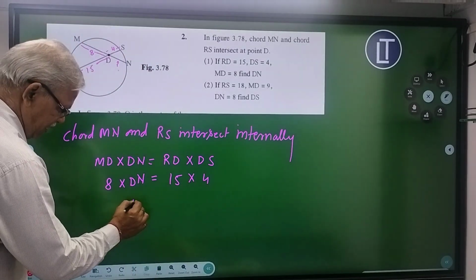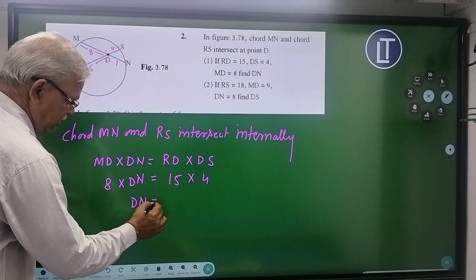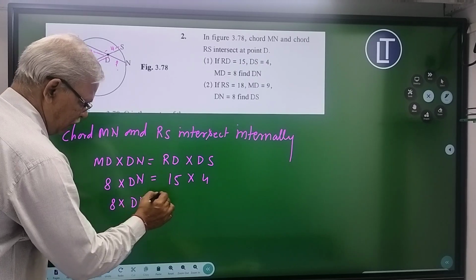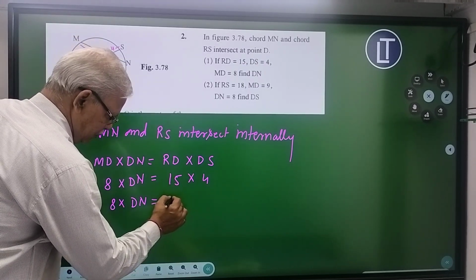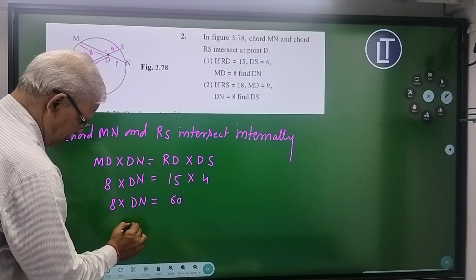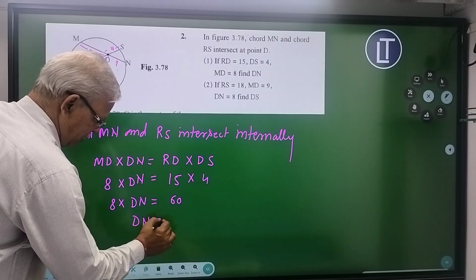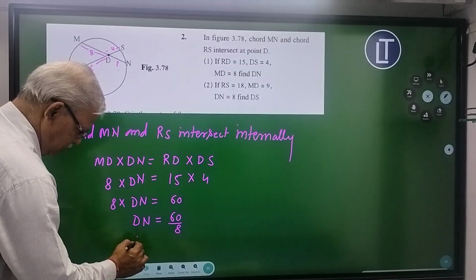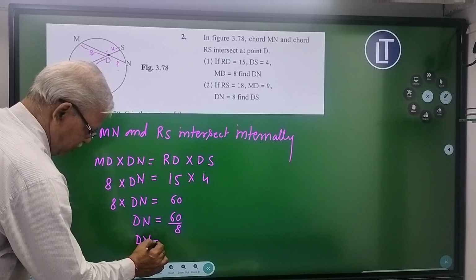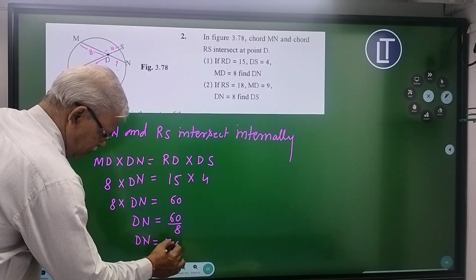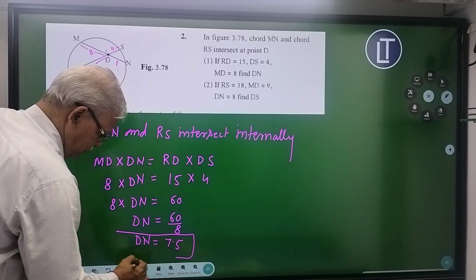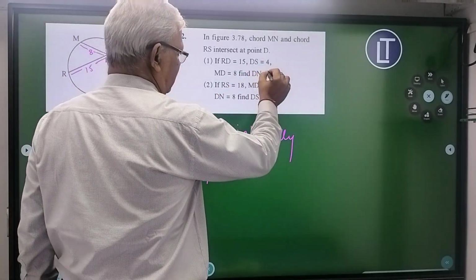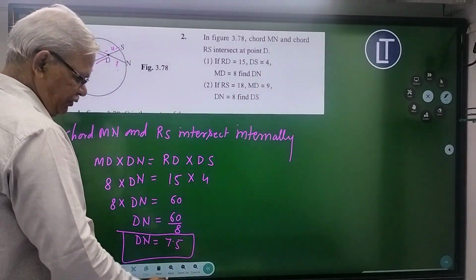We have to find out DM here, that is 8 into DM is 15 into 4, which is 60. Therefore DM is equal to 60 upon 8, DM is equal to 7.5. Okay, 7.5 we get here, this DM is 7.5 units.